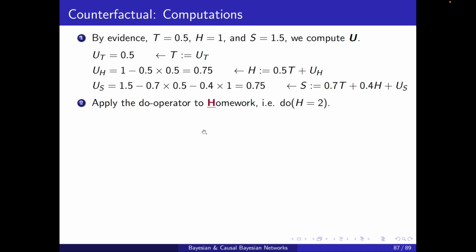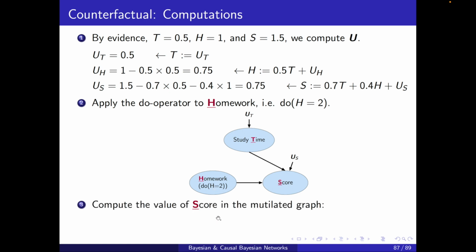So I have all of the U's, then I apply the do operator on homework. That means that it will be mutilated and the value of H will be 2 because it should be doubled, right? And the third step is to compute score from this network. Quite straightforward.